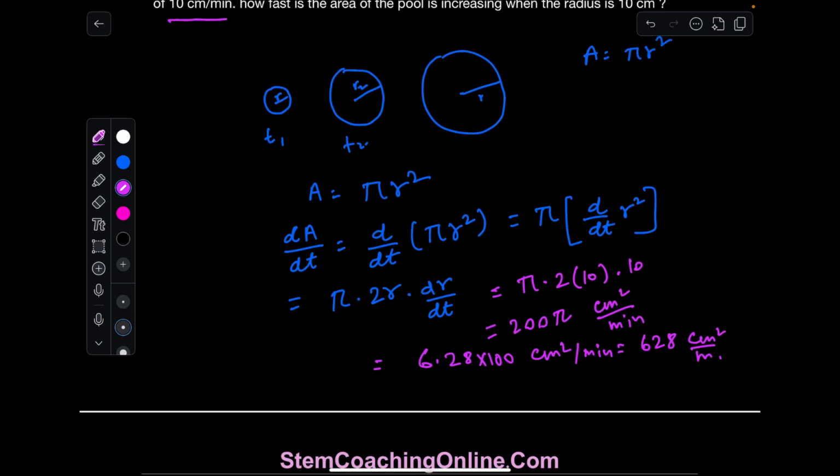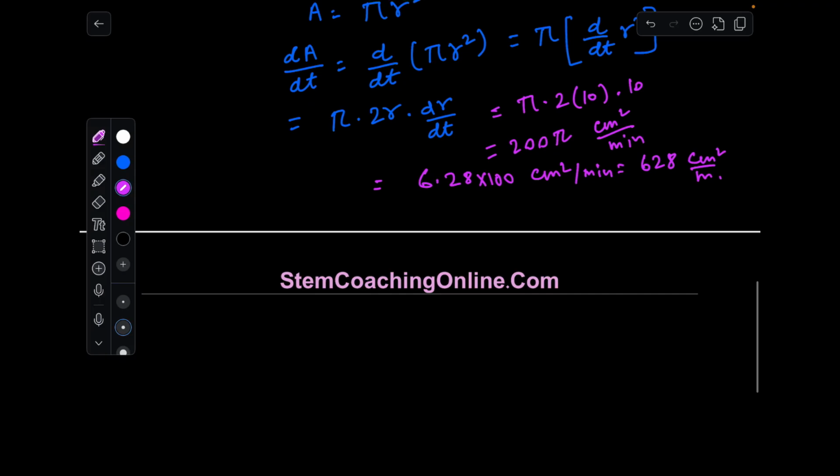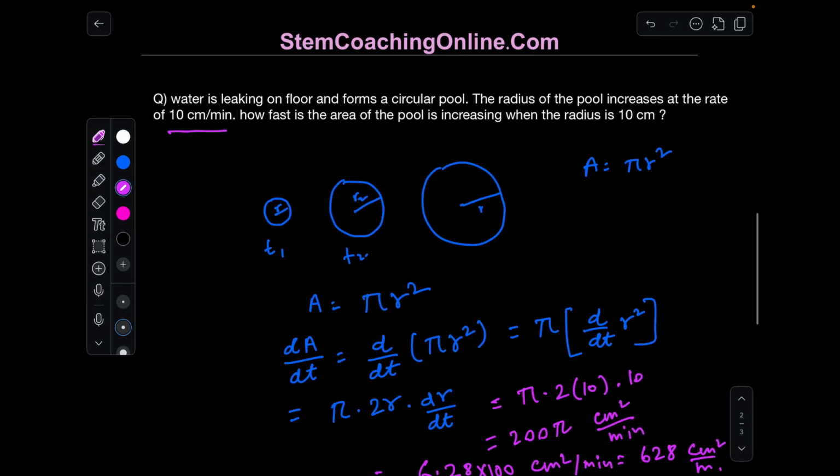For the calculation part, we are done, but this is AP Calculus. They expect the answer in sentence form with proper vocabulary of increasing, decreasing, etc. So let's try to write it. The question is asking, how fast is the area increasing?